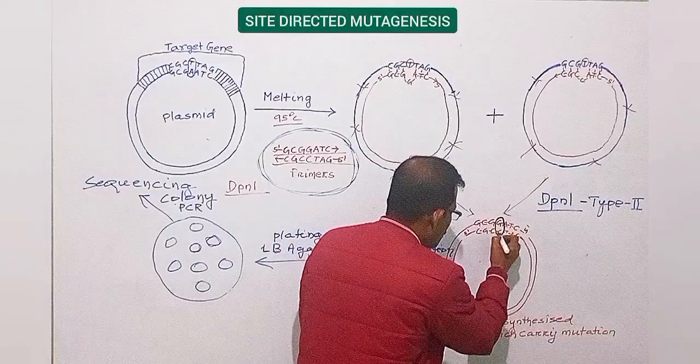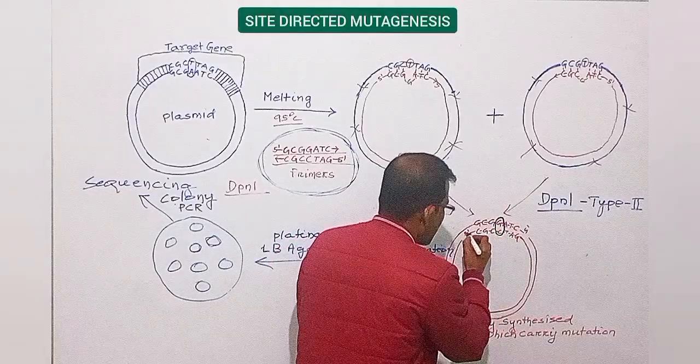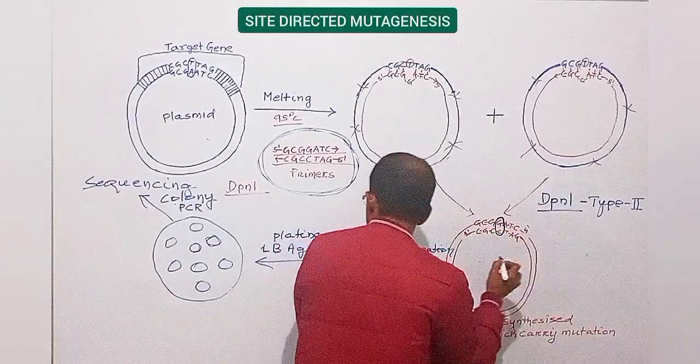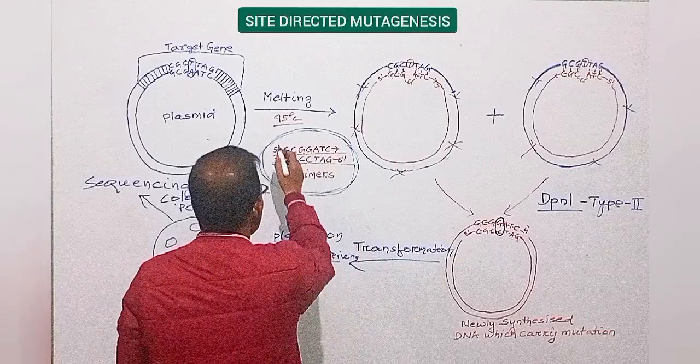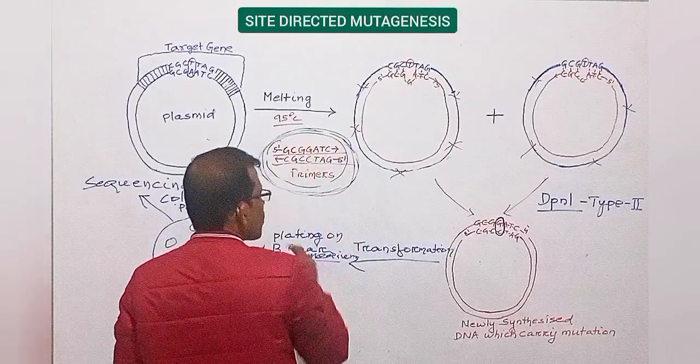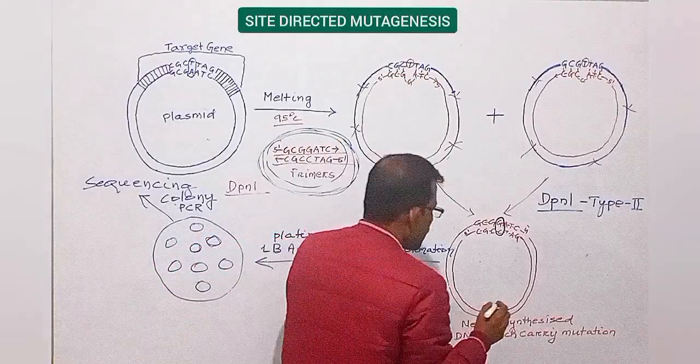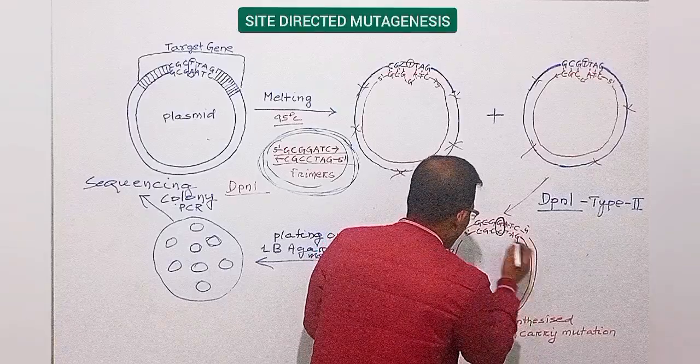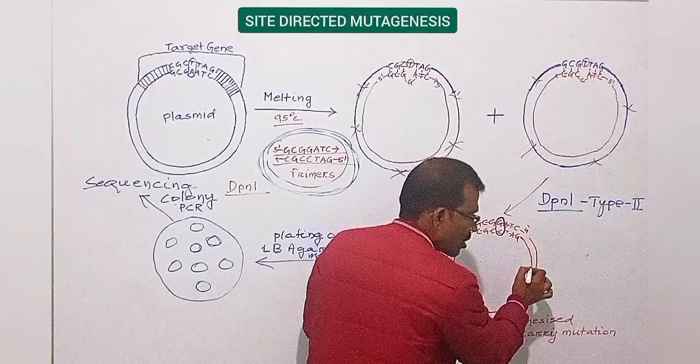The substitution has been incorporated into the gene of interest by using a pair of oligonucleotide primers in order to understand the function of the target gene.